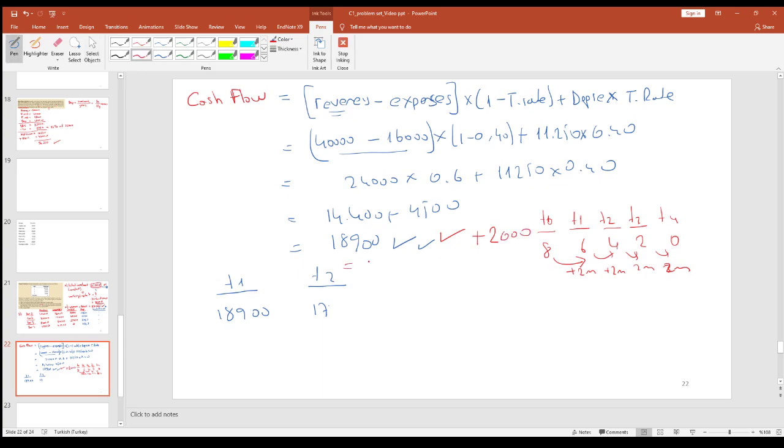So the result of operating cash flow will be 20,900 for T1. So for T2, if you apply this equation in this logic, you will find 17,300 for the third year. You will calculate, or for the fourth year, let me write all of them at once.